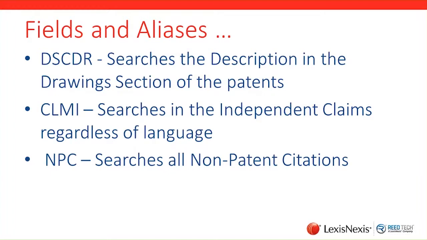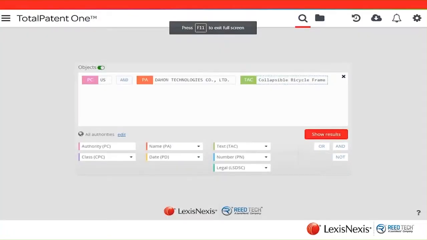Using command line functionality on any tool is not for the faint-hearted, as it does require a deeper knowledge of the search syntax, but TotalPatent One has developed a novel way to introduce even occasional searchers to the power of indexing through its object search feature.